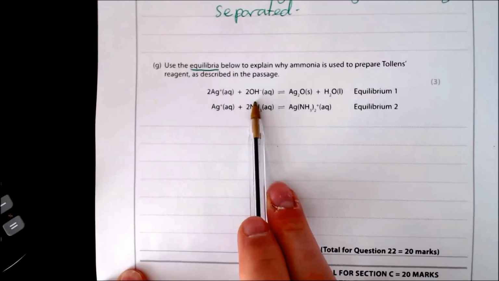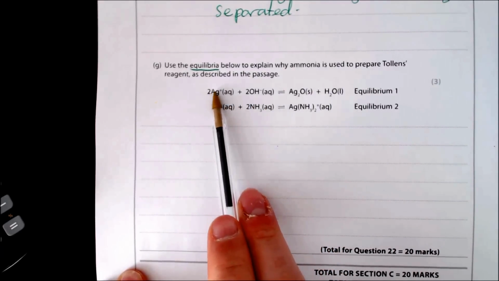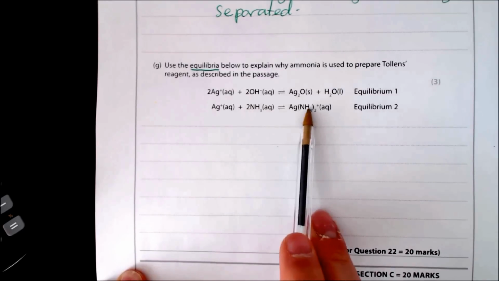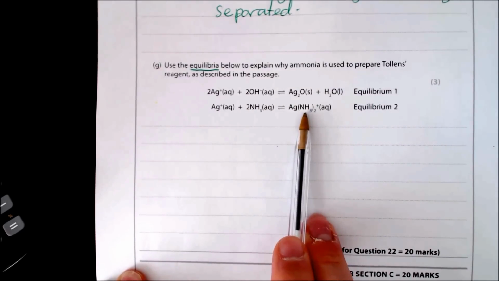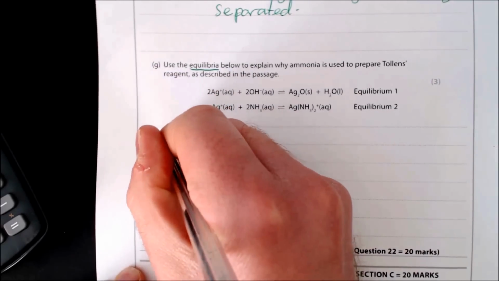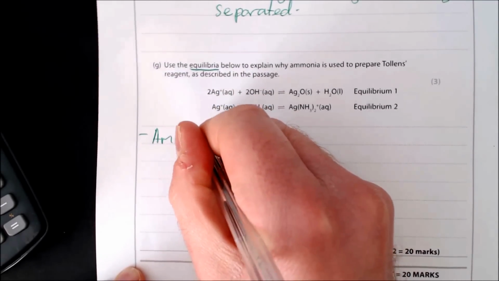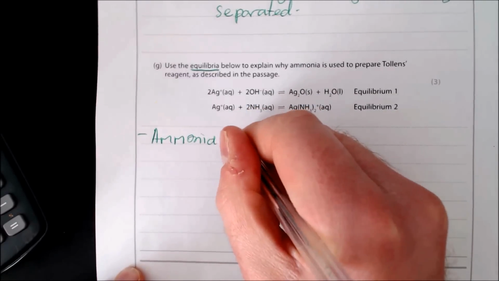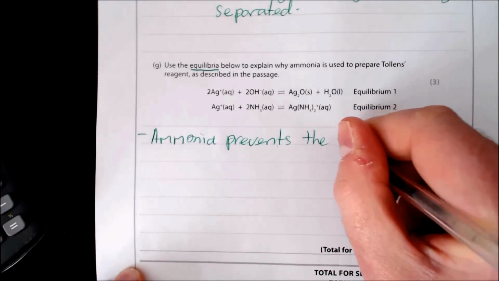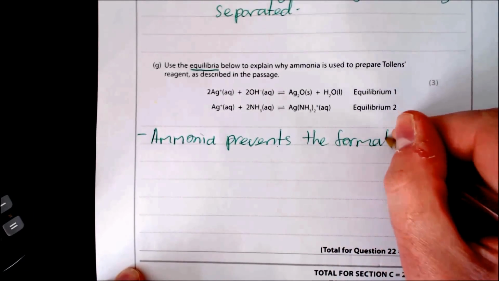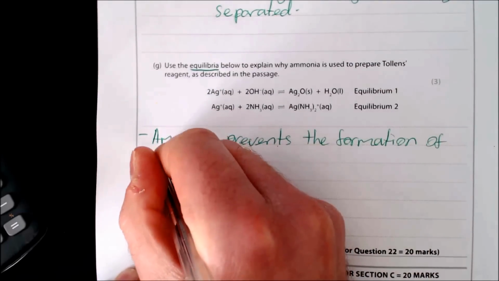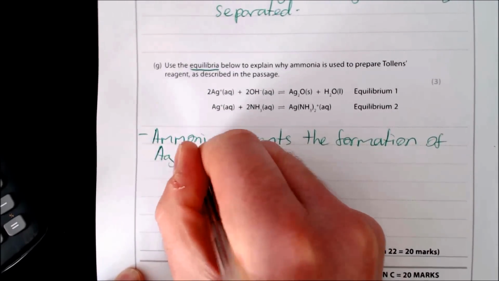If we use the ammonia, it basically allows any Ag+ to react with the NH3 to form Ag(NH3)2+, and it helps to slow the amount of this down. So that's the first point we need to make. Okay, so ammonia prevents the formation of this stuff, which is Ag2O. Okay, so that's the first thing.